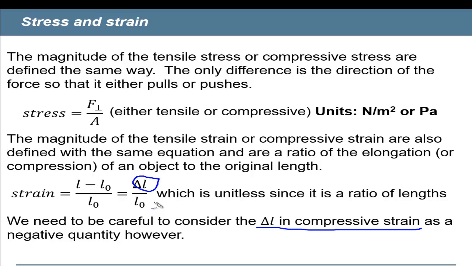So that's our sign convention for these. For stress, we don't have to worry about sign convention. Stress is just the stress, regardless of whether it's tensile or compressive. Strain, however, if it's getting longer, is a positive strain, and if it's getting shorter, it's a negative strain, which makes sense. If my L naught is greater than my L, then this would be a negative value anyway, so it would naturally work out just by doing the arithmetic.